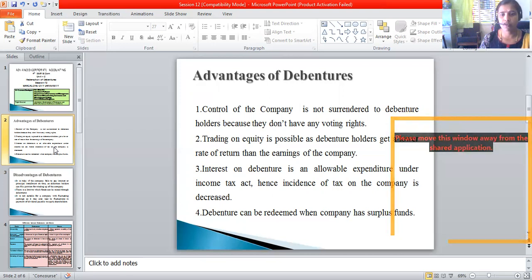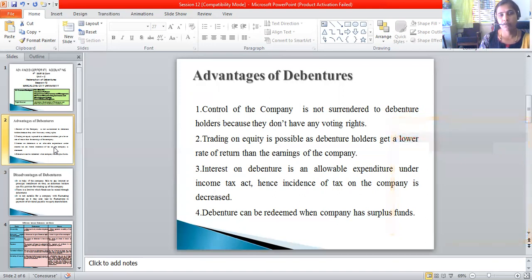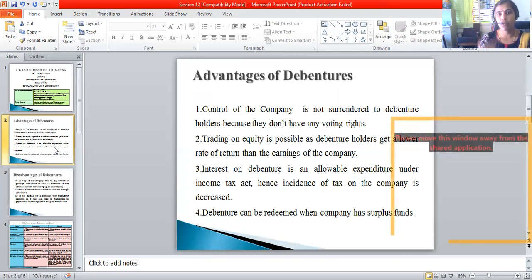So debenture holders, as I mentioned, are a debt form of capital in the company. If a company wants to leverage on equity, it has to trade on equity. I mean to say, if it is getting the capital only through equity shareholders, then they'll not be able to get the benefits.